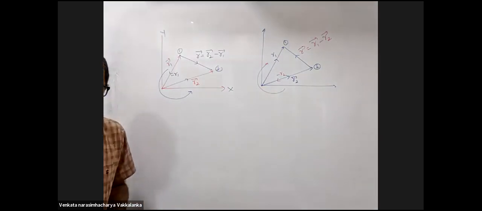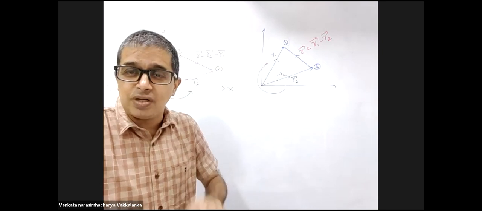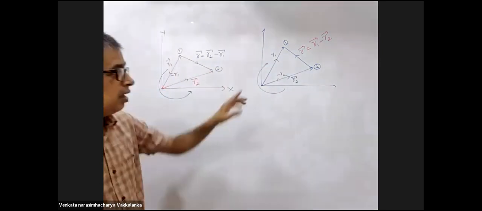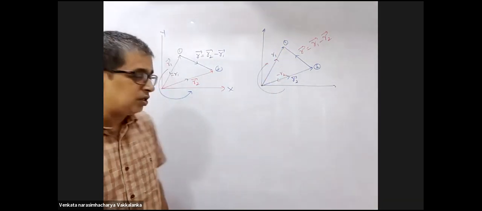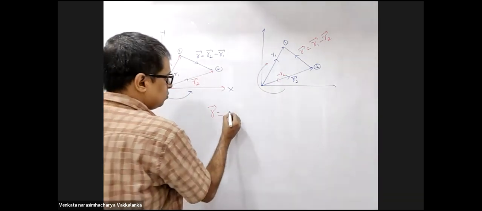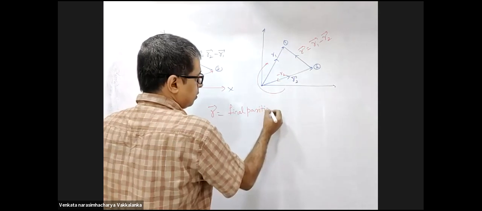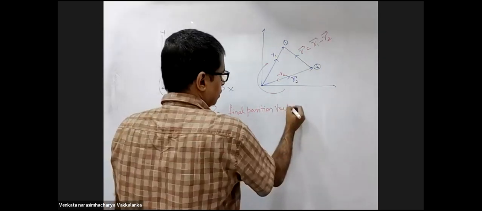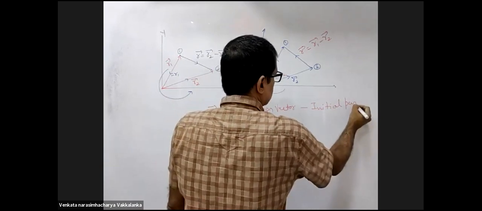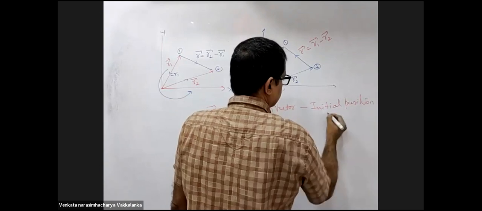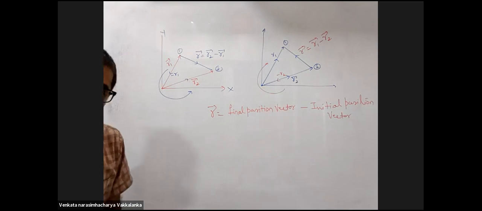Are you trying to tell me always it will be the final position vector minus the initial position vector? Yes. R will be final position vector minus initial position vector. It will always be final minus initial.